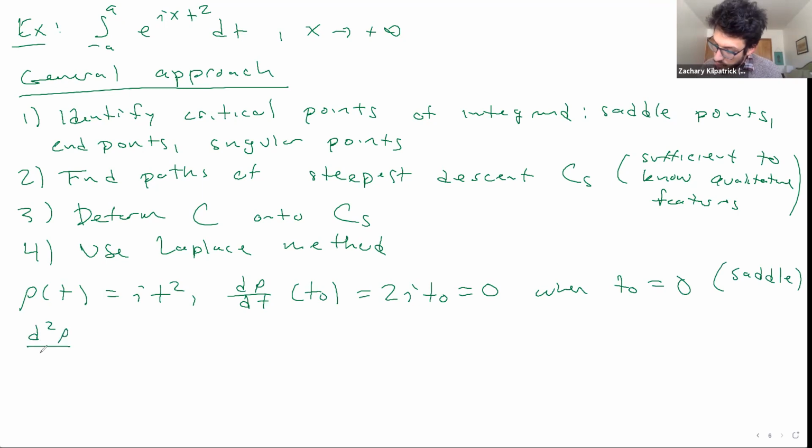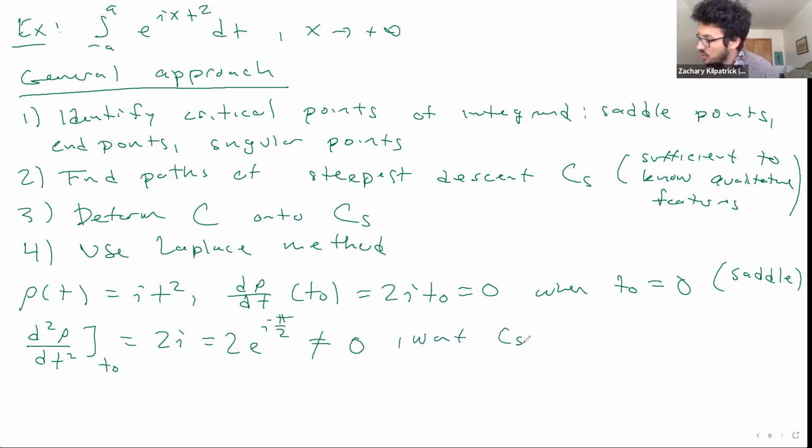So d2 rho dt squared evaluated at t0 is going to equal 2i. I'm going to write that out in terms of complex exponentials, 2e to the i pi over 2, which is not equal to 0. Okay. So we want to choose CS now so that the imaginary part of rho is equal to the imaginary part of rho evaluated at t0, which is going to be 0.